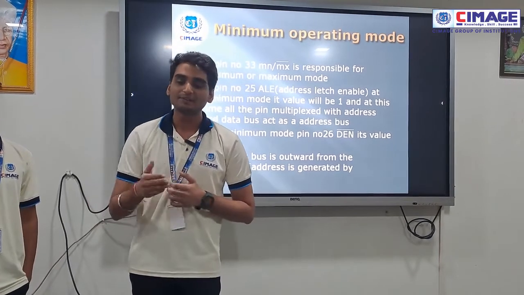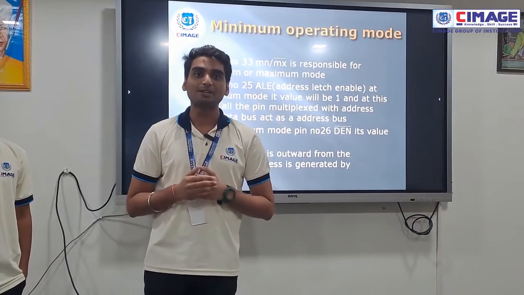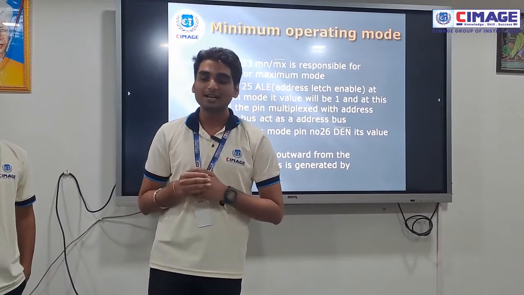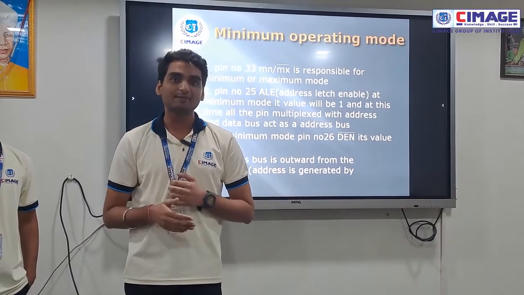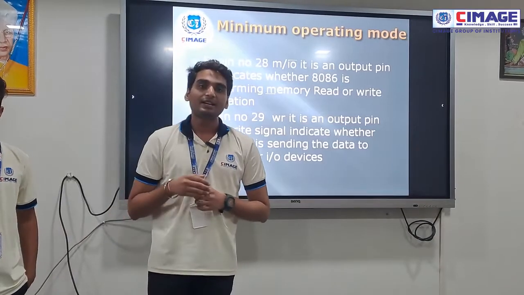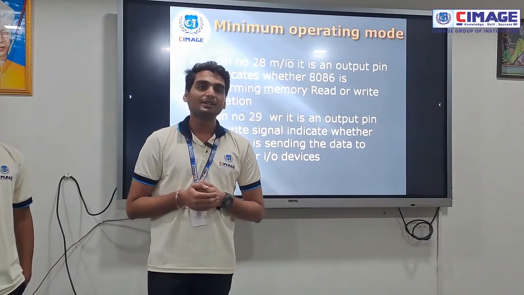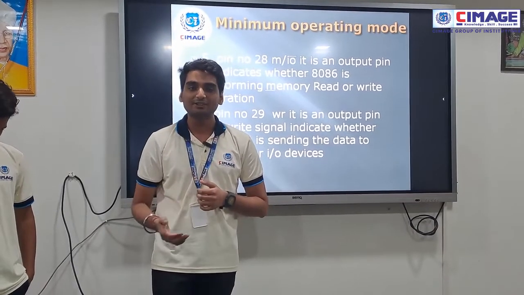And then pin number 26, in minimum mode, its value will be 0. At that time the data bus is disabled. Then pin numbers 28 and 29 are for the memory input output unit and the memory read write unit.